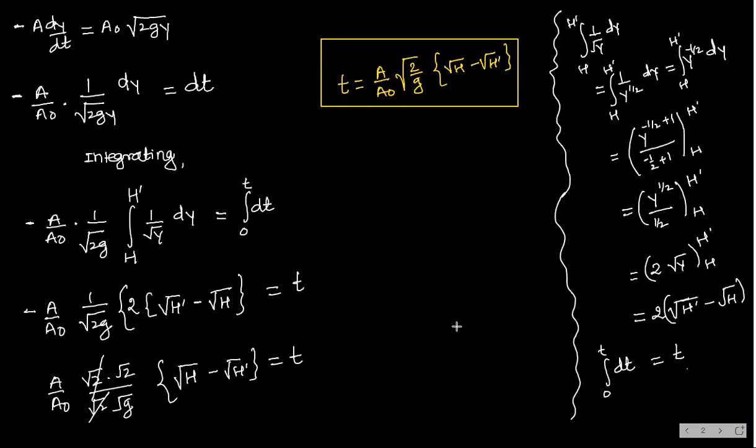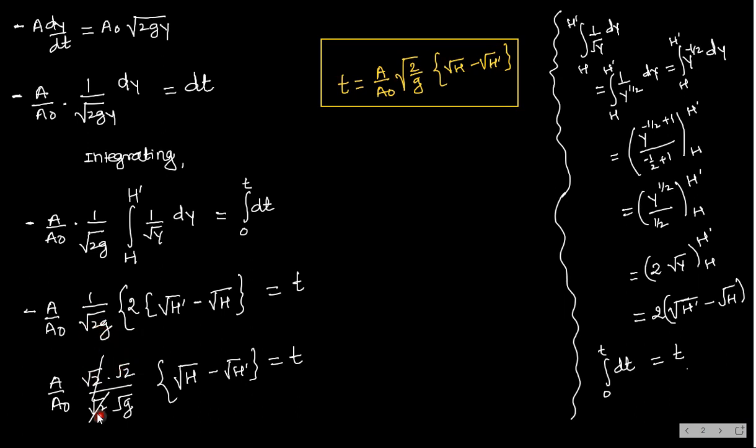Yes, understood. Sir, can you explain from the last second step? Yes, definitely. See here. This 1 by root 2 is there now, and here 2 is there. This 2 I have taken out, and I wrote this 2 as root 2 into root 2.